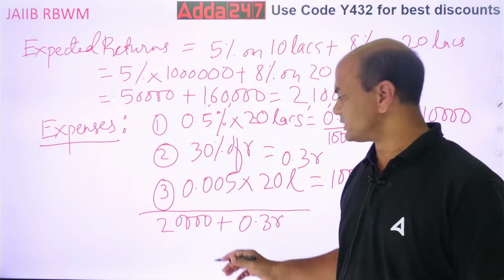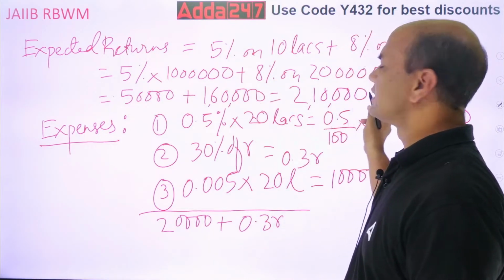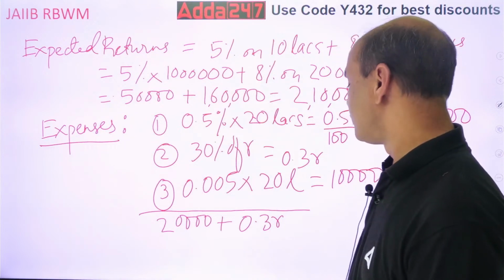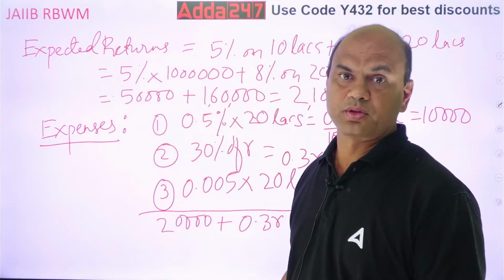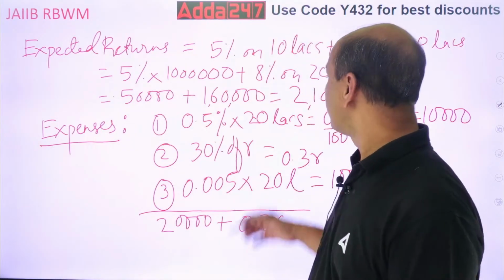And what are the expected returns? 2,10,000. Okay? So now, what next? Got it everyone? How do you solve this now?